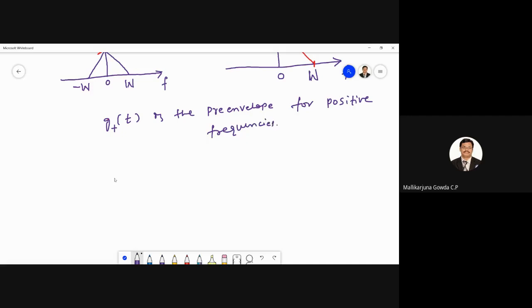In the same way, we can do it for negative frequencies also. Similarly, G minus t is for negative frequencies.